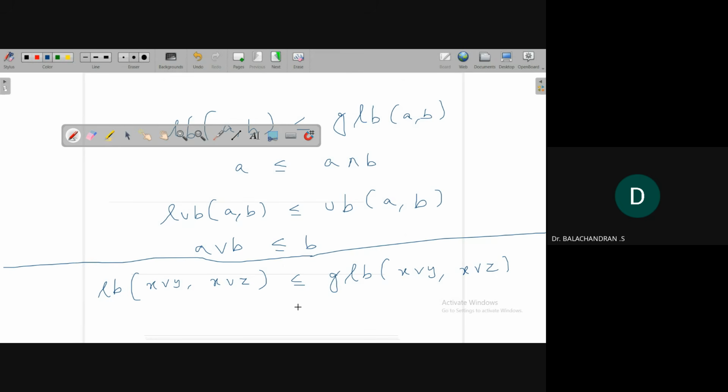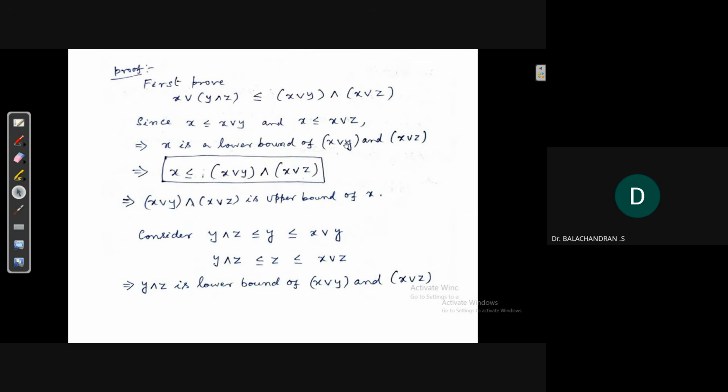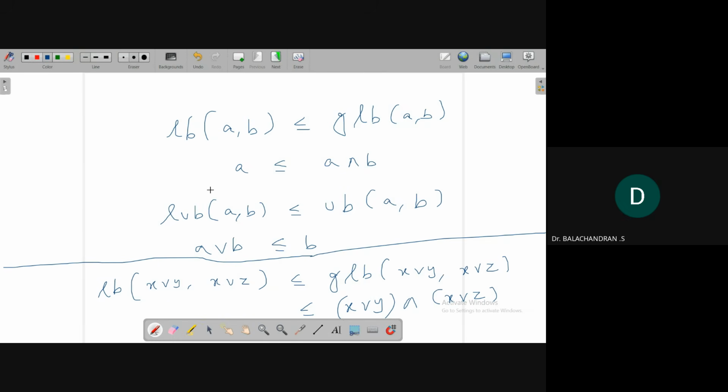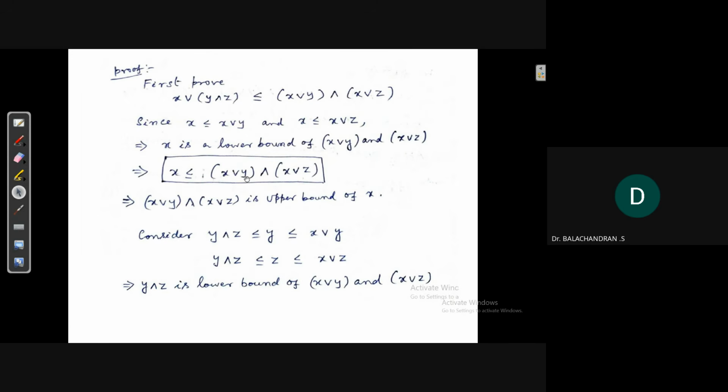By notation, the GLB is the meet, (x ∨ y) ∧ (x ∨ z). What is a lower bound of x ∨ y and x ∨ z? x. That's why we have this inequality: x less than or equal to (x ∨ y) ∧ (x ∨ z).